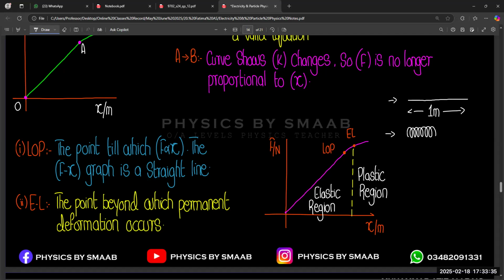So that's why after the elastic limit, we call it the plastic region, right? So this is the difference between elastic limit and limit of proportionality, and this is the region that shows you the elastic region and plastic region.